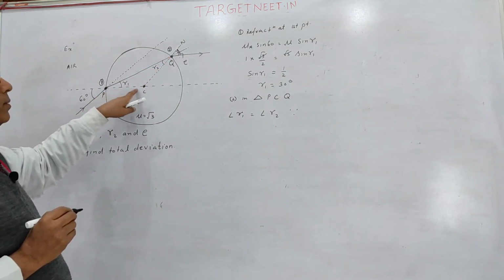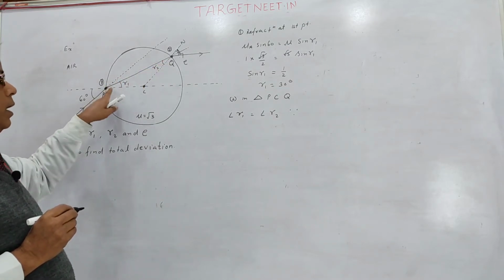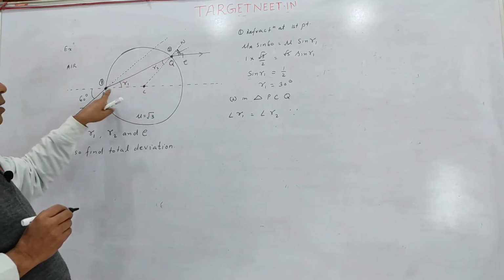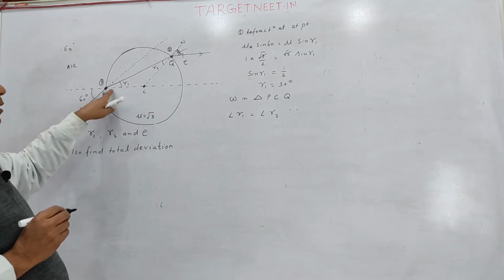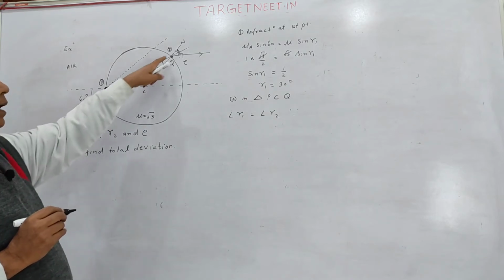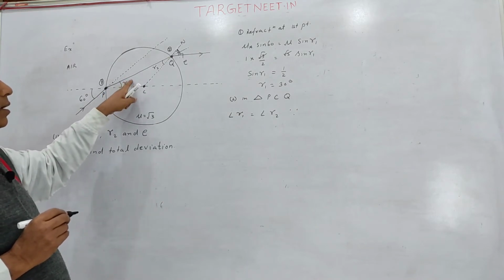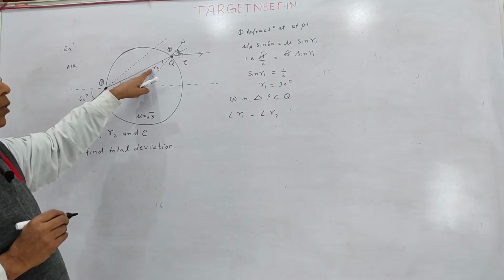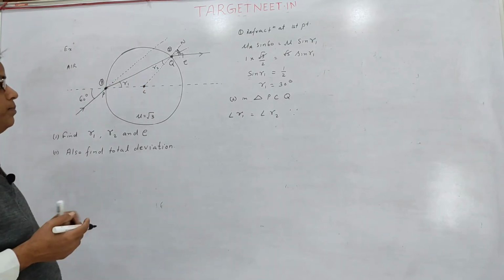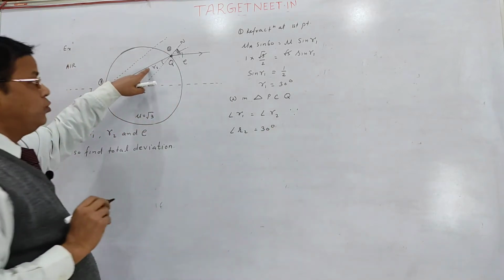Opposite to this side, angle R2 is present, and opposite to this side, angle R1 is present. These two sides are equal, so the opposite angles should be equal. Hence R2 will be equal to 30 degrees. So now we know R2.